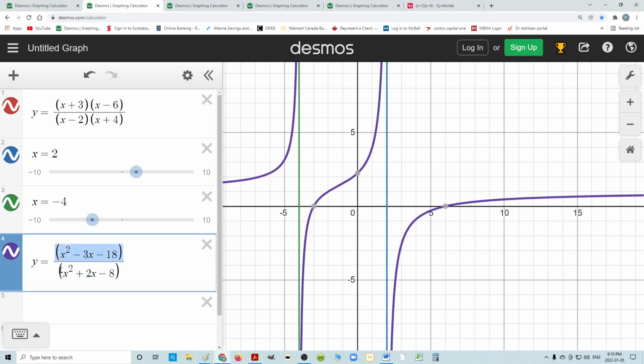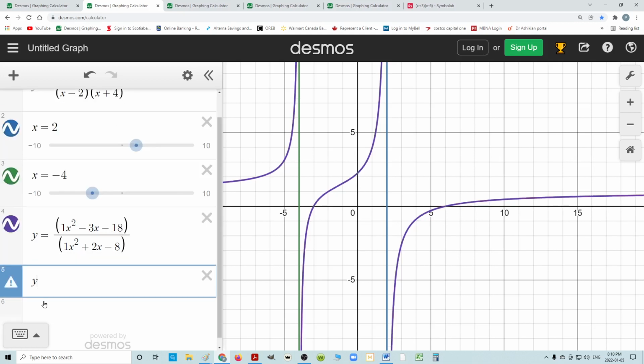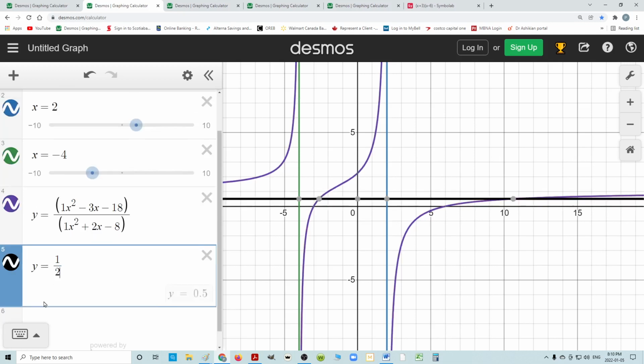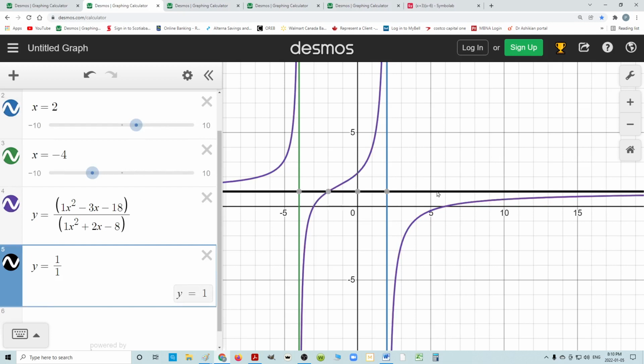When the powers match, you look at the coefficients in front of them. I got a 1 and a 1. You simply realize that the horizontal asymptote will be the coefficient up top divided by the coefficient at the bottom. And boom, there's the horizontal asymptote. Y is equal to 1. That's your second most important step in mapping these out.